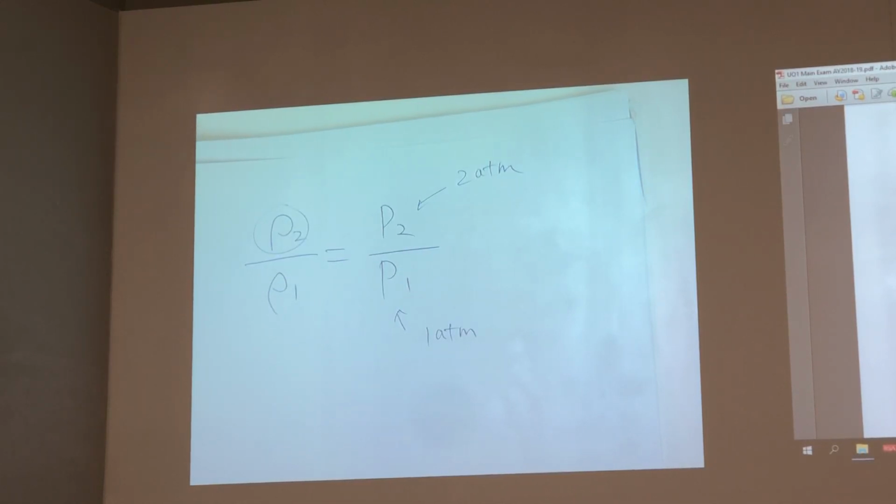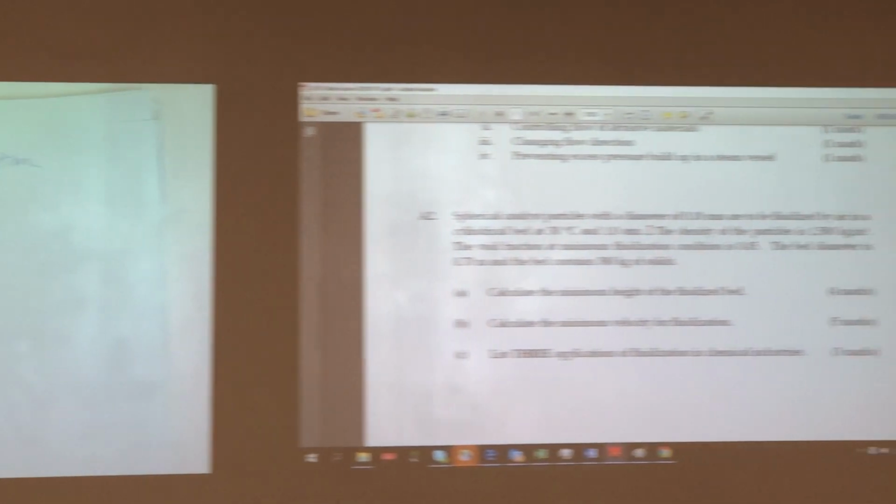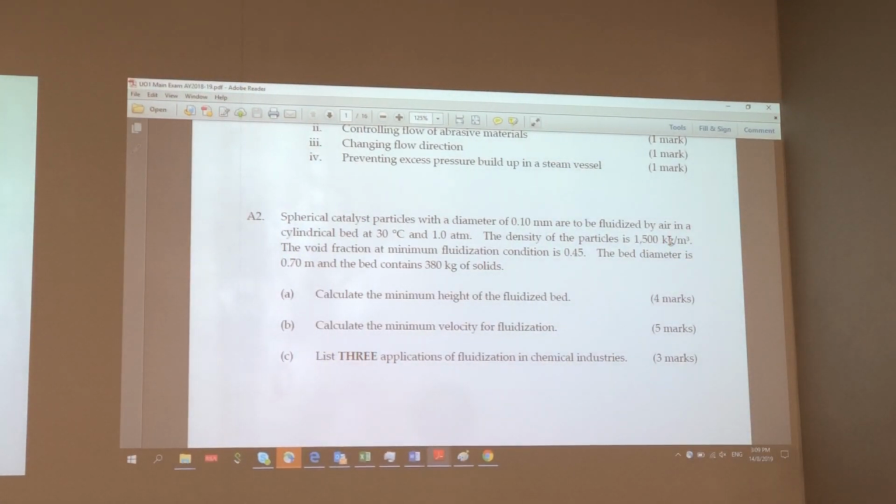You just read the question carefully. So now what is given is 1 atm, 30 degrees Celsius. You can directly check from the air table, then you can find the density of air. Then the density of the particle is given, and the void fraction at minimum fluidization condition.